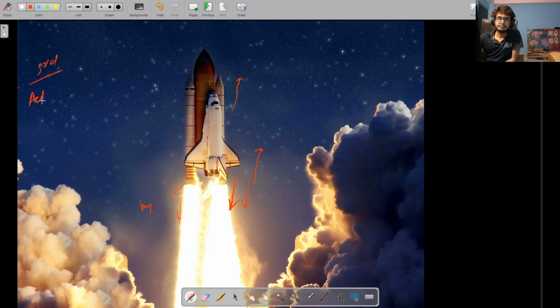Every action has an equal and opposite reaction. This upward movement will be equal to the downward combustion of the engine, and the upward motion of the rocket will be equal, but opposite.